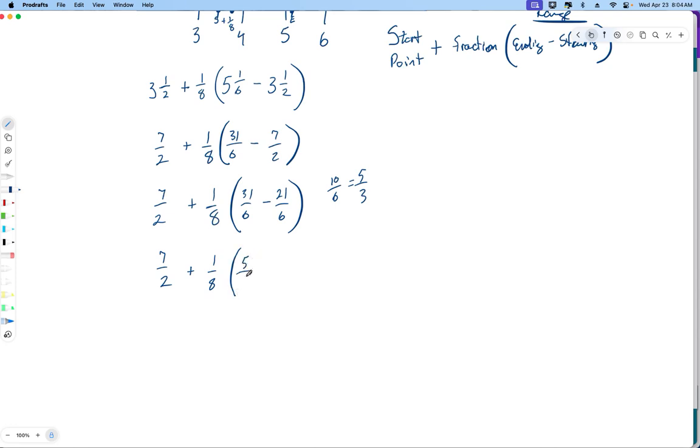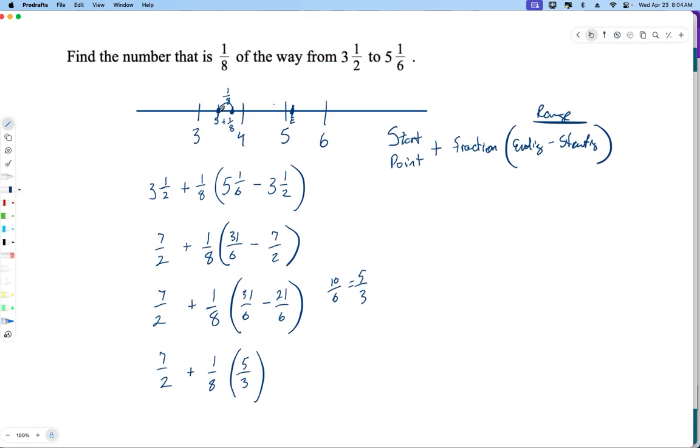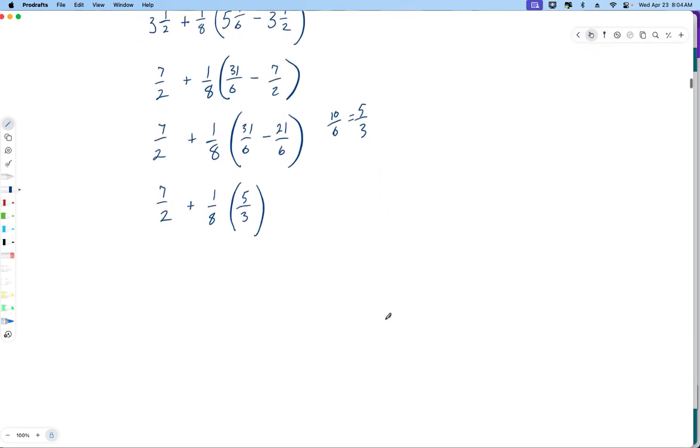So 5 over 3, and it's okay to reduce. That's the distance. That is the distance. 1 2/3. And if we look up here, we have 1, and these would equal the 2/3 from here to here and here to here, right? So 1 2/3.